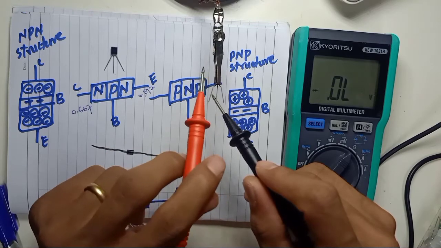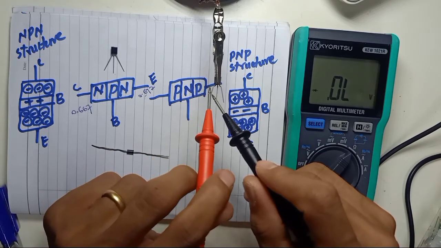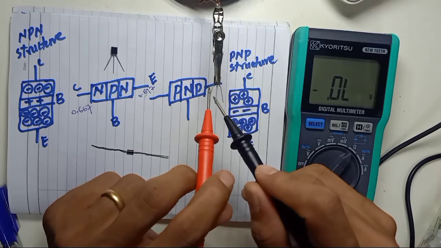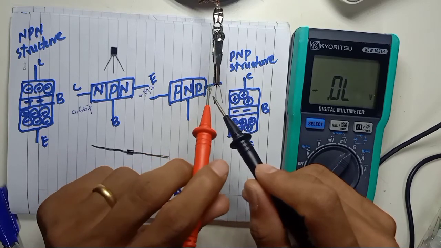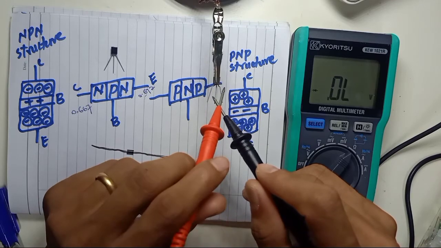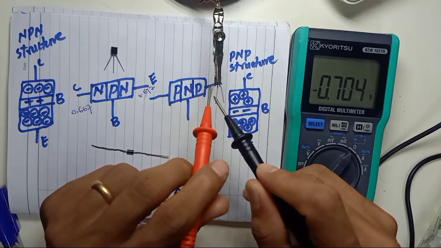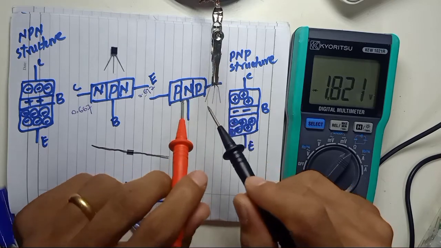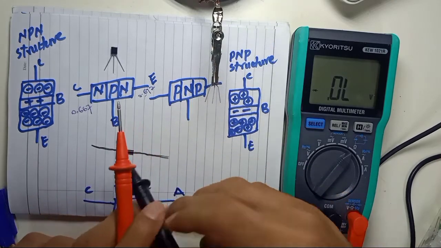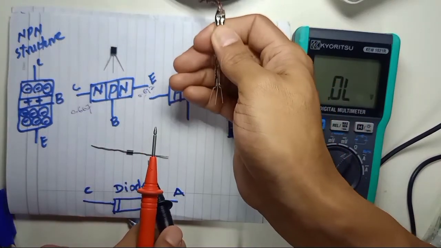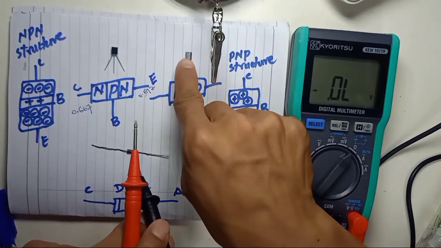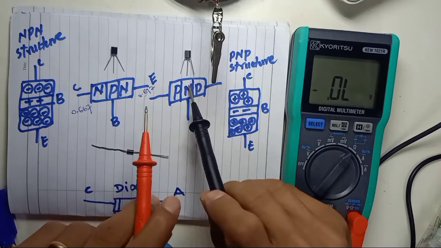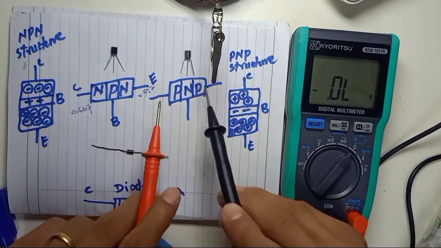So this is the positive probe. Negative probe P and positive probe P. So this is P and P, so this transistor is a PNP transistor. We are going to put it here as a PNP transistor. Okay, this is a PNP transistor, we already know.